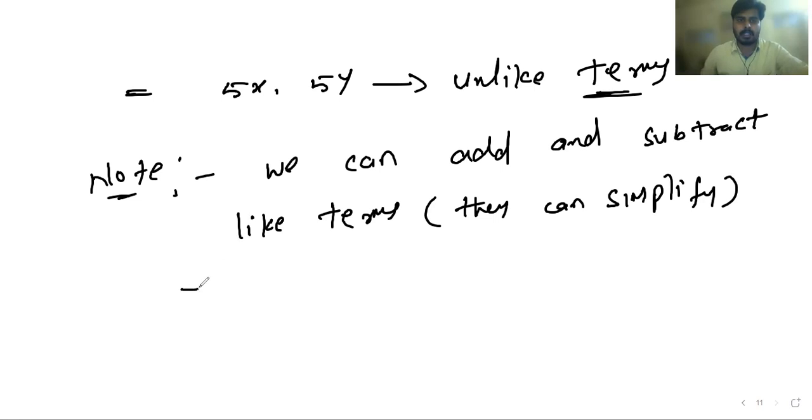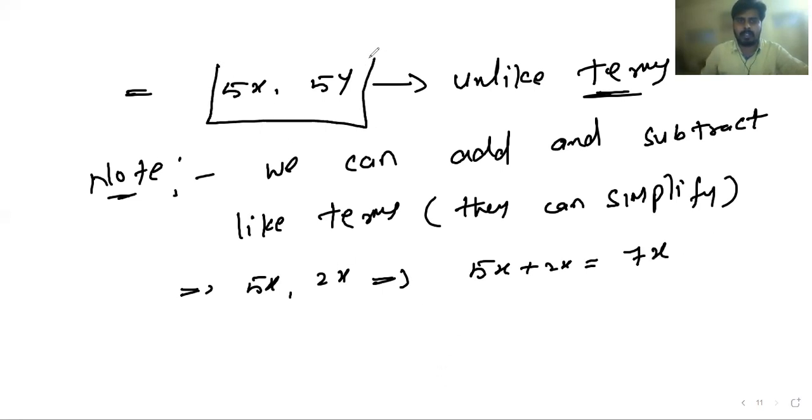Let us see. If you take 5x and 2x and add them, 5x plus 2x gives us 7x. But take 5x and 5y: 5x plus 5y, that's it.